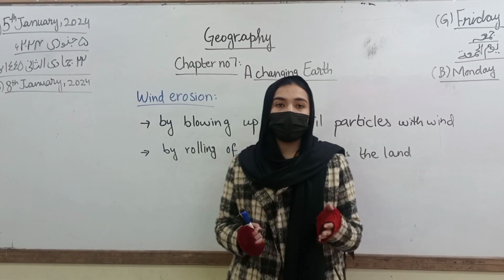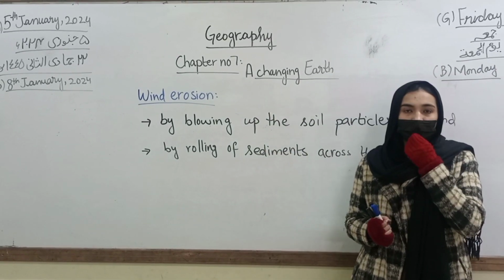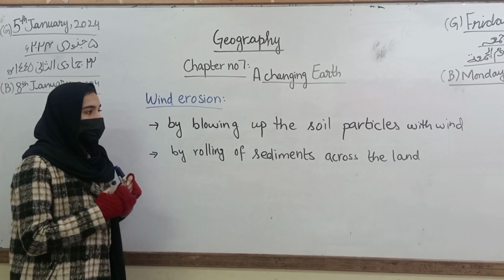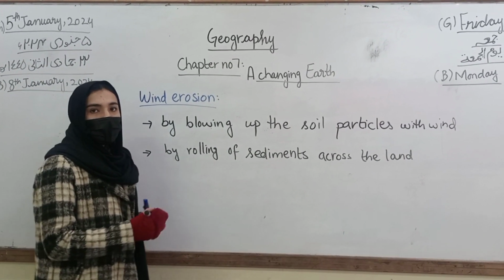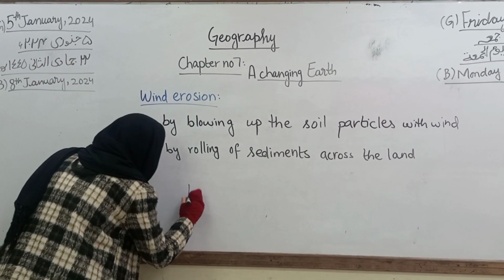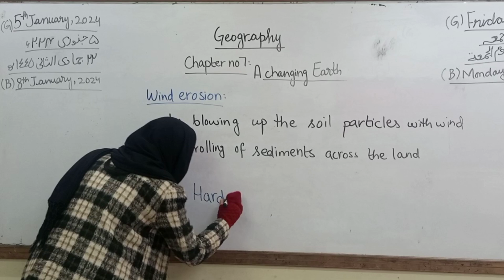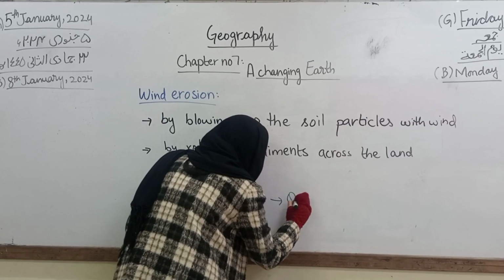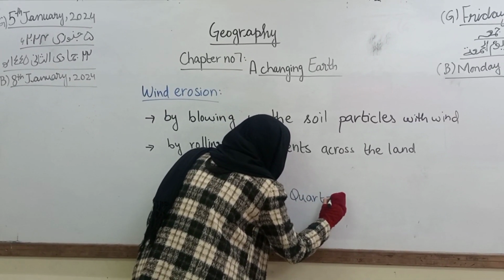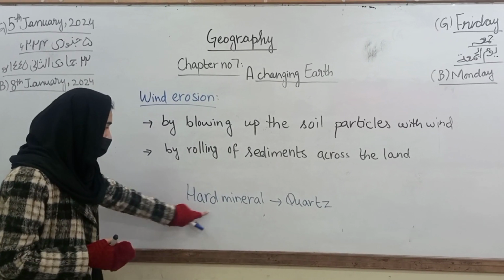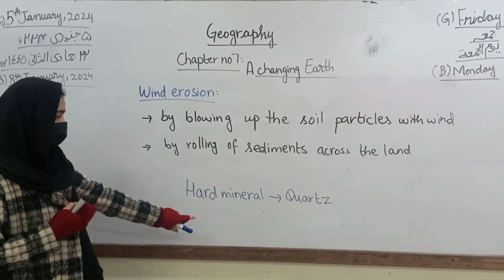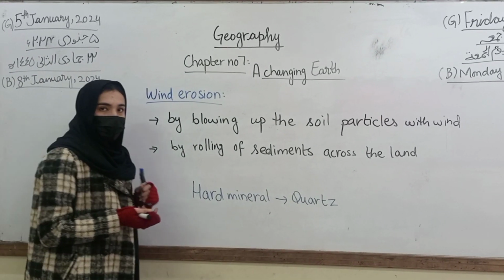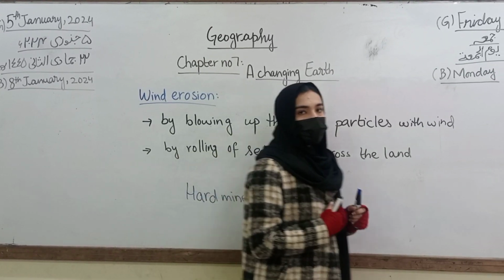So the soil particles, which also contain some hard minerals, when the wind blows and carries these hard minerals along with the soil from one place to another, it causes erosion. An example of a hard mineral is quartz. As quartz is a hard mineral, when it moves from one place to another with the soil, it causes the erosion of other rock particles which are not so hard and tough.